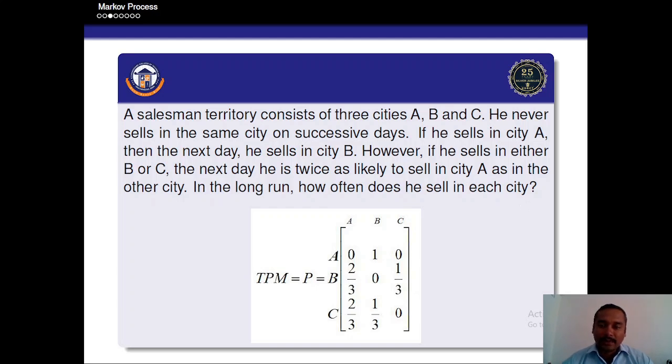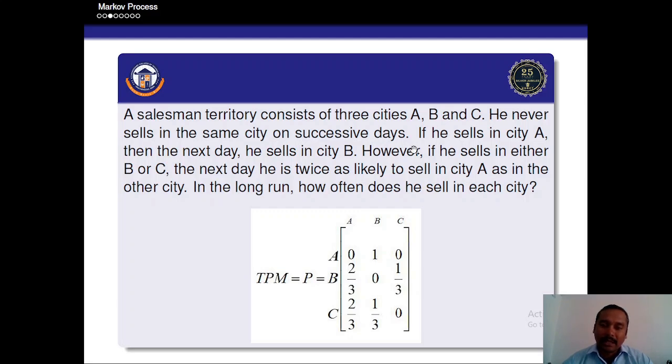So the process of a salesman is given for 3 cities. We can formulate this statement into a matrix by using the concept of TPM, the transition probability matrix. The behavior of the salesman comes under the Markov chain.